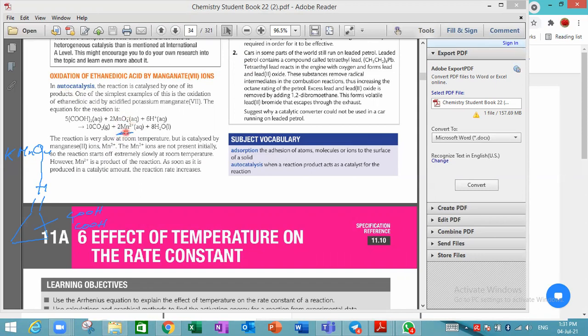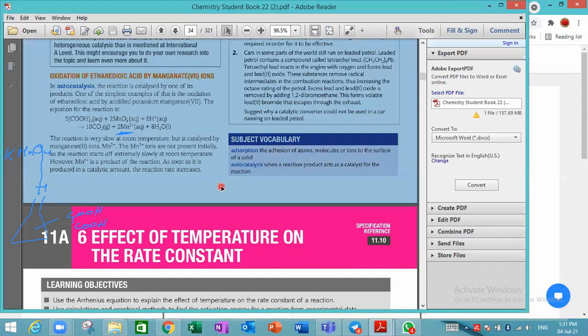It catalyzes the reaction, and we will find that the speed of the reaction increases. Of course, it increases at the beginning, but at the end, as in any normal reaction, the rate decreases because the concentration of ethane dioic acid decreases with time.